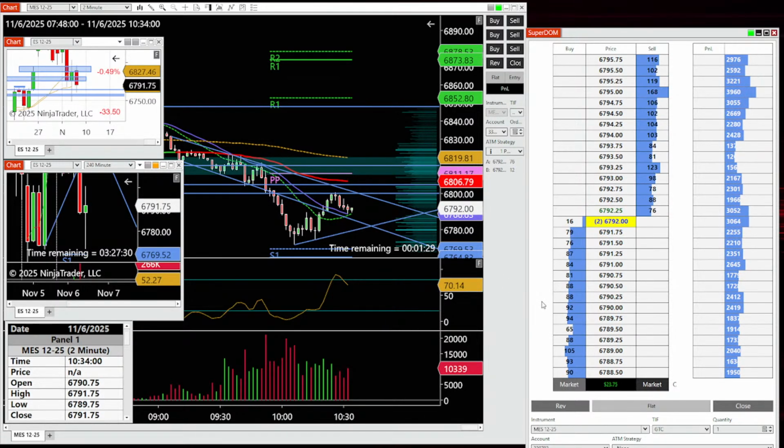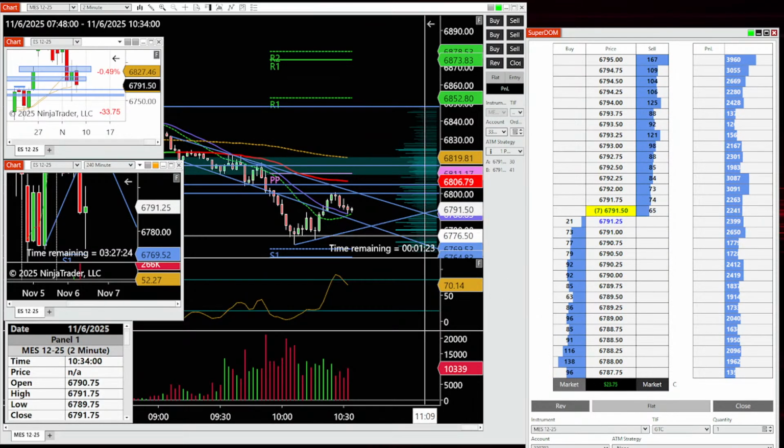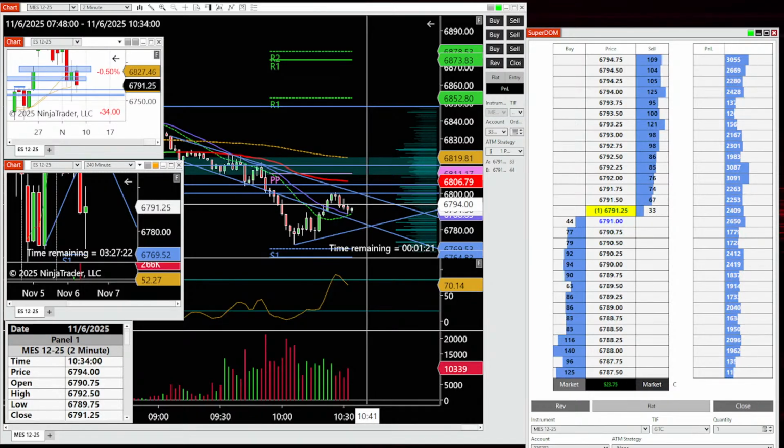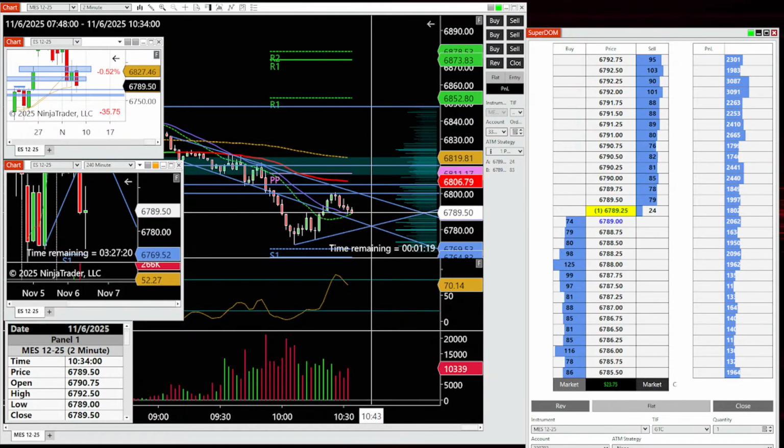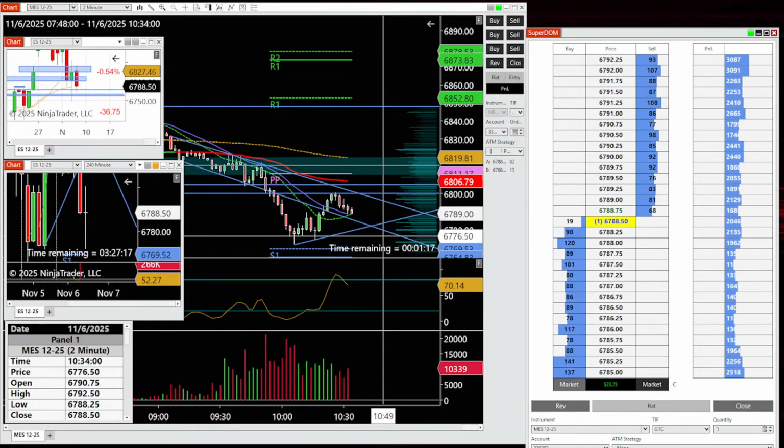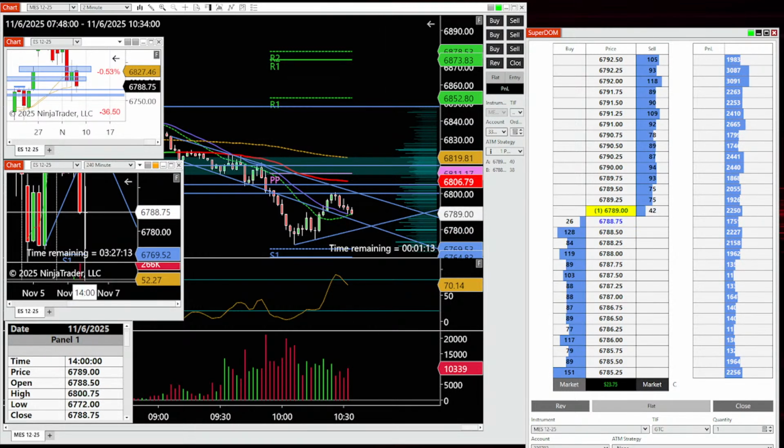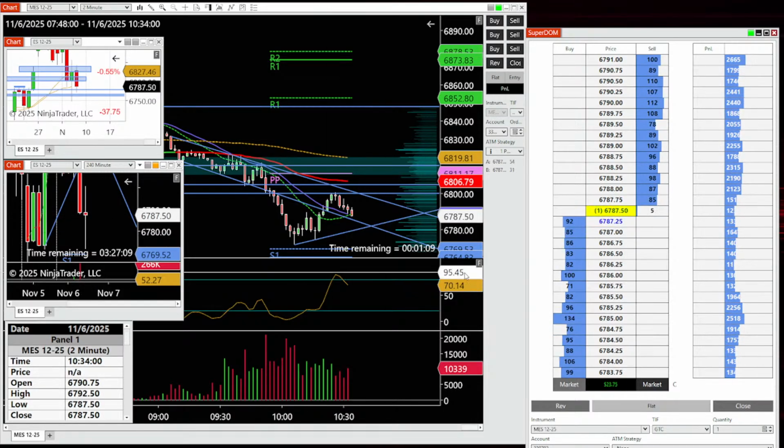See, we want to bounce off this trend line or what? Not sure yet. Watching that 88, watching this low, 88.